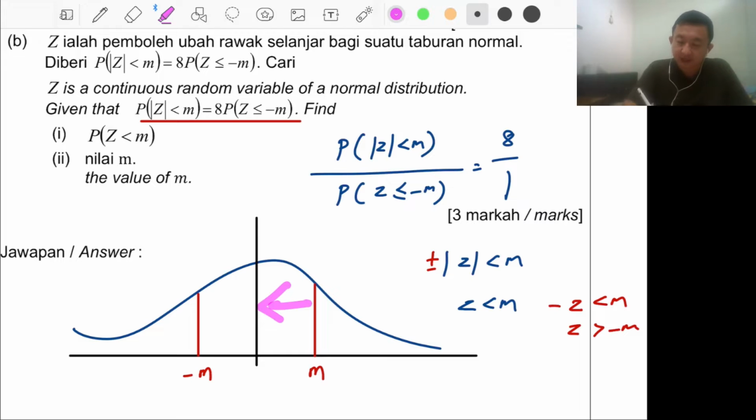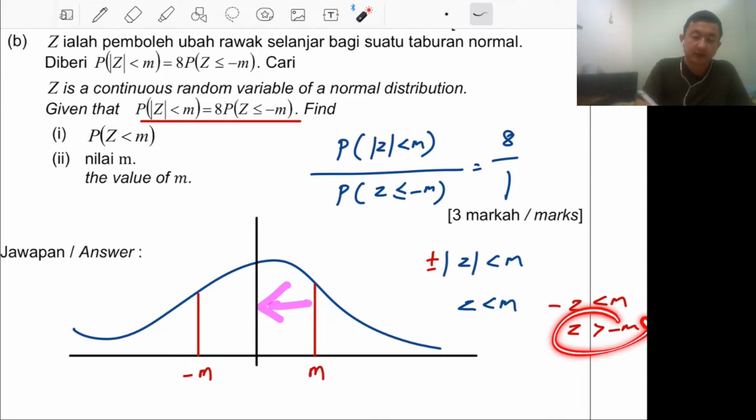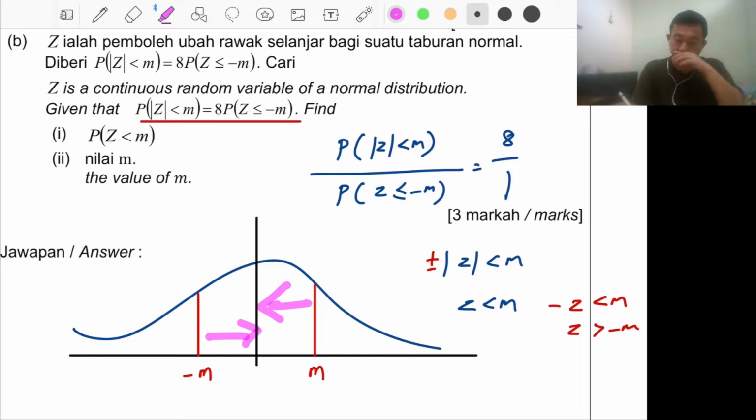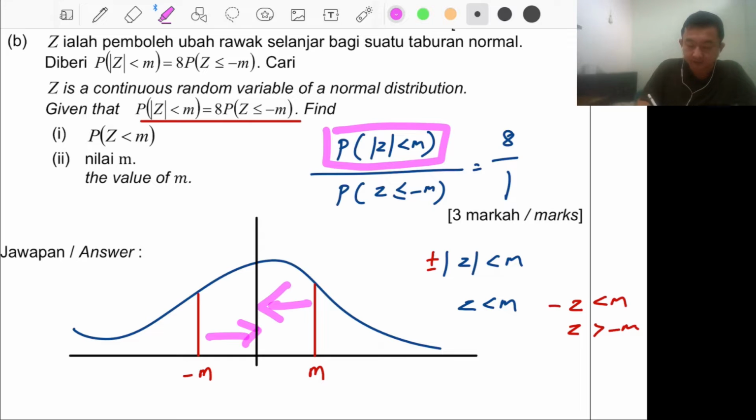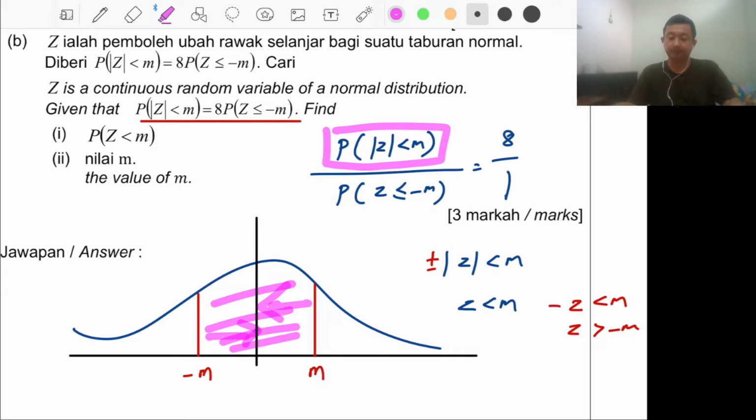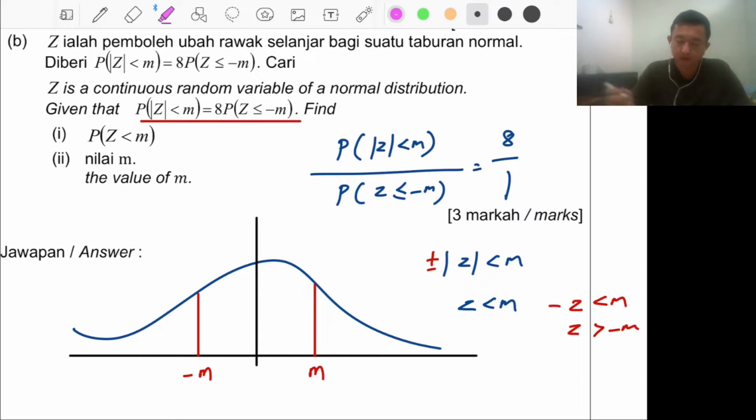And if z has to be more than negative m, it has to be in this direction. So in the end, this whole part is what describes it.